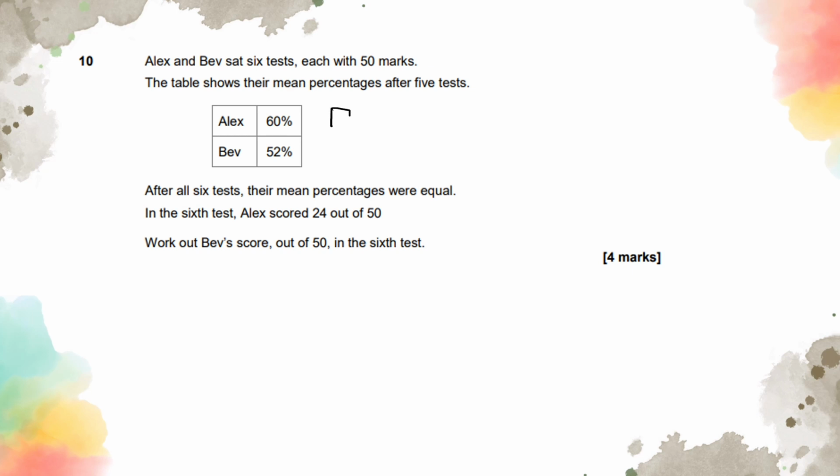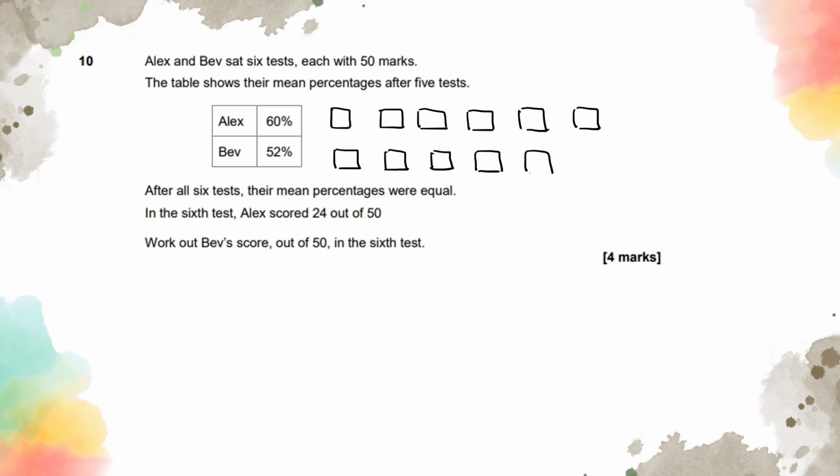That's 1, 2, 3, 4, 5, 6. These are the 6 tests Alex sat. And Bev sat 6 tests as well. 1, 2, 3, 4, 5, 6.